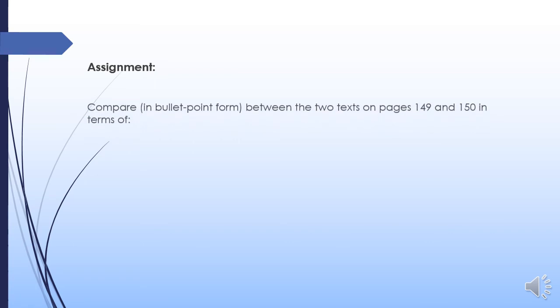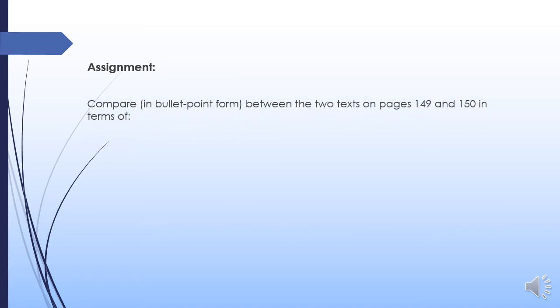You have an assignment to compare the texts on pages 149 and 150. They both talk about the same diamond, Lesedi La Rona, and they talk about the conditions of its finding, the conditions of its rarity, and what happened in the auction, or how people dealt with this diamond.